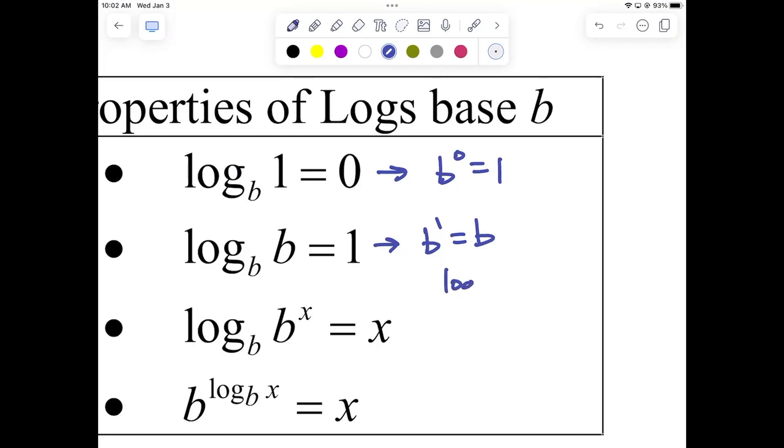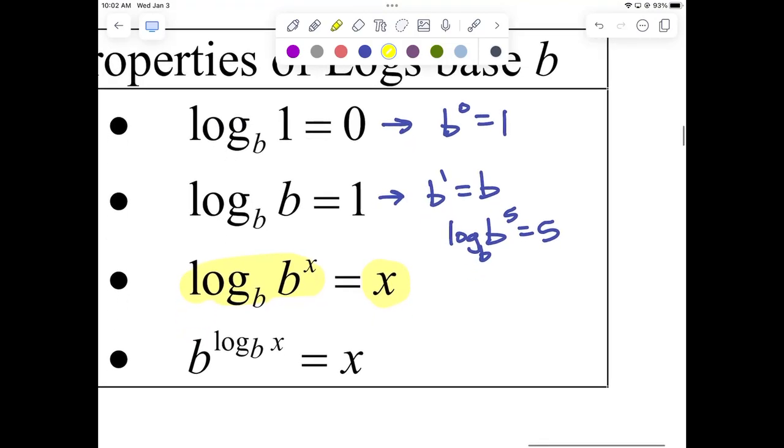How about this? What's log base b of b to the 5th power? 5. It'd be 5. Good. In general, on the next line, what is log base b of b to the x? That's x. It's just x, right? Because how are log base b and y equals b to the x related?